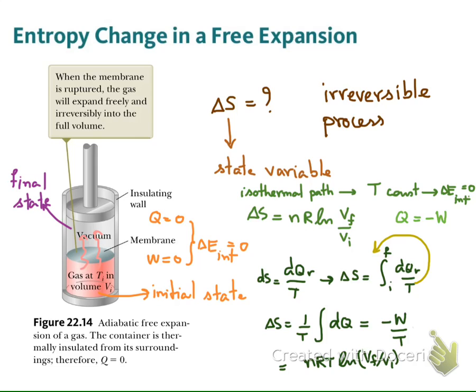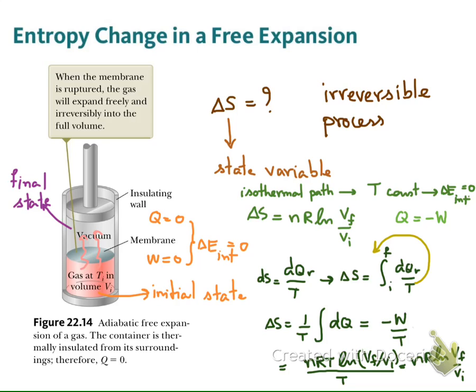You can see that this is correct because Vf is larger than Vi. So log of Vf over Vi is positive. And for the change of the entropy, we have to divide it by T. So the final result is nR log of Vf over Vi.